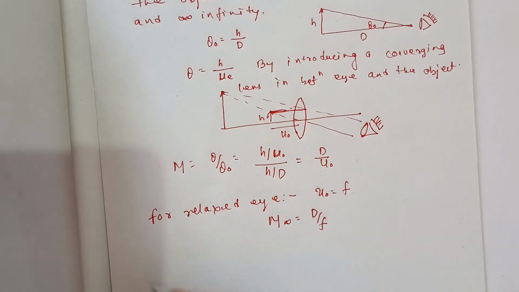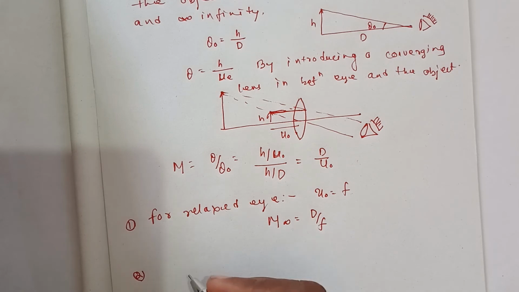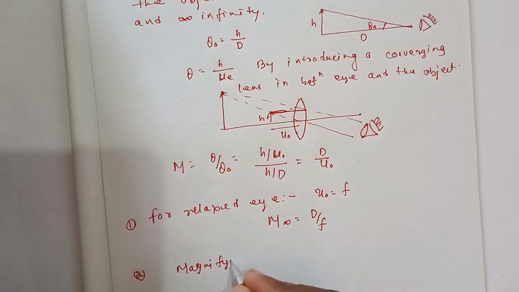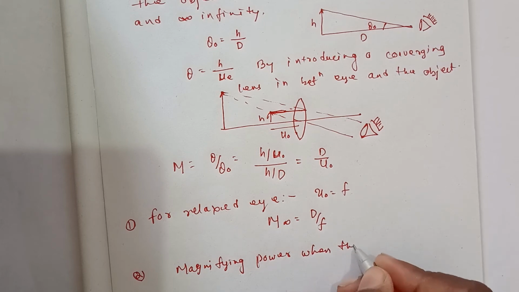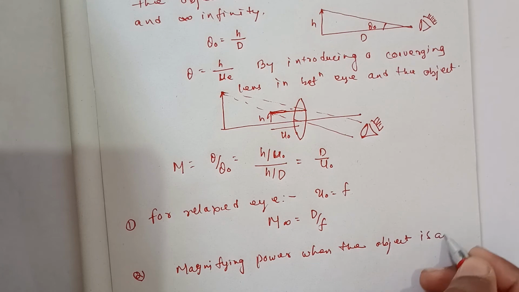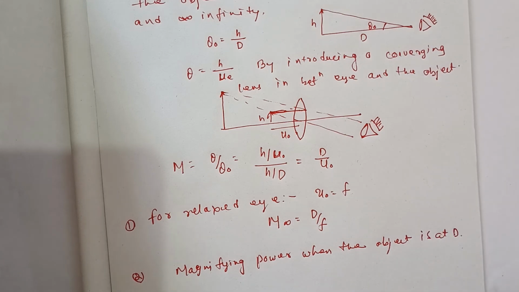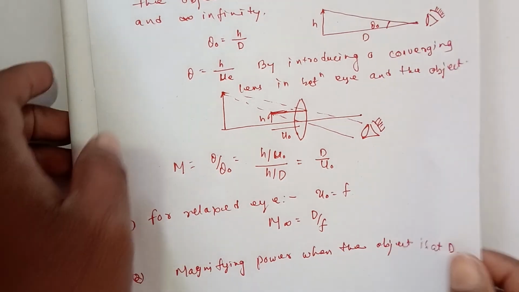And the second condition is magnifying power when the object is at D. D means minimum distance of distinct vision, that is 25 centimeter for normal eye.